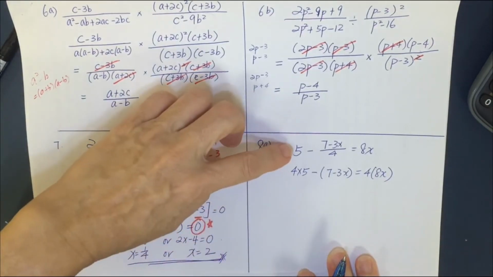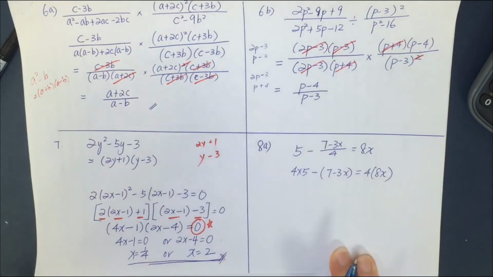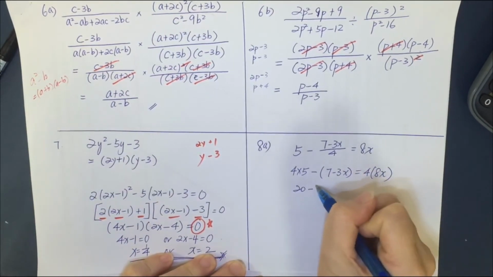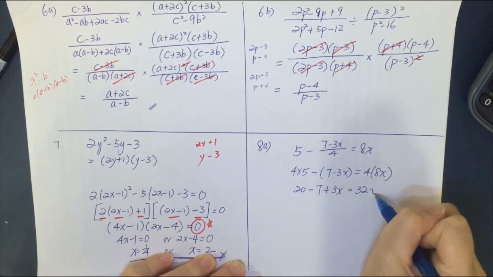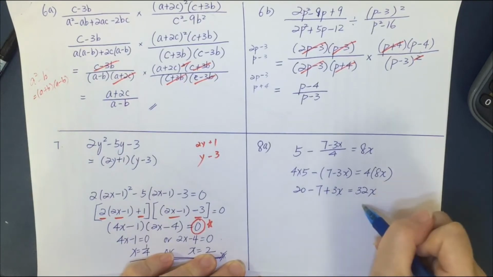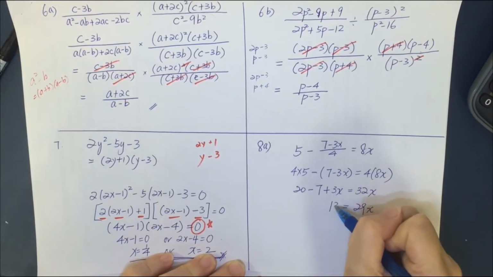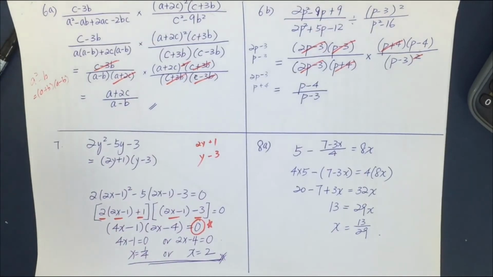I times the 4 into this, then the other side times the 4 into the 8x. So this is 20 minus 7 plus 3x equals 32x. So 32 minus 3, that will be 29x equals 13. So x will be, I remove the 29 by dividing, so 13 over 29.